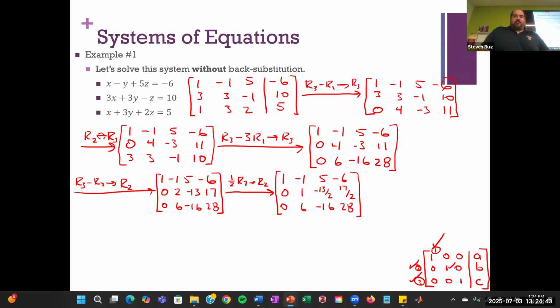How would I get a 0 somewhere? Go ahead. If you subtract 6R2 from row 3. Okay. And replace row 3 with that. Row 3 minus 6R2 goes to row 3.